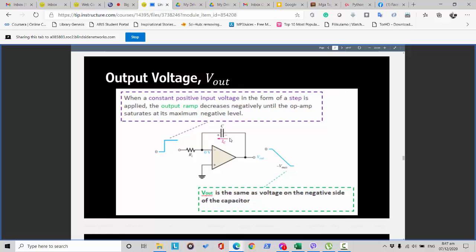As you can see, the capacitor's negative side, which is the voltage of the capacitor, is connected to the output voltage. So therefore, the output voltage is the same as this capacitor voltage. Okay.